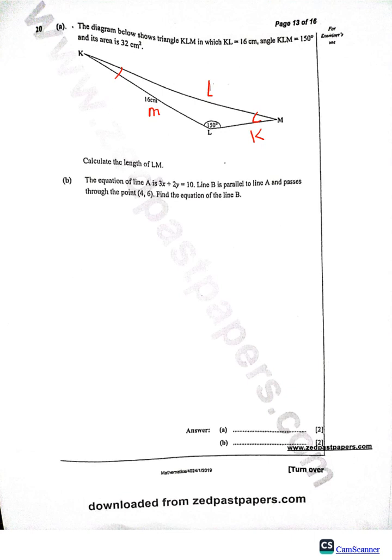So let's use the area formula for a non-right angle triangle. The area is equal to half ab sine C, but in our case the two distances that should be used are M and K because they are making that angle 150. So half M K sine of angle L. Now the area is given as 32 square centimeters.